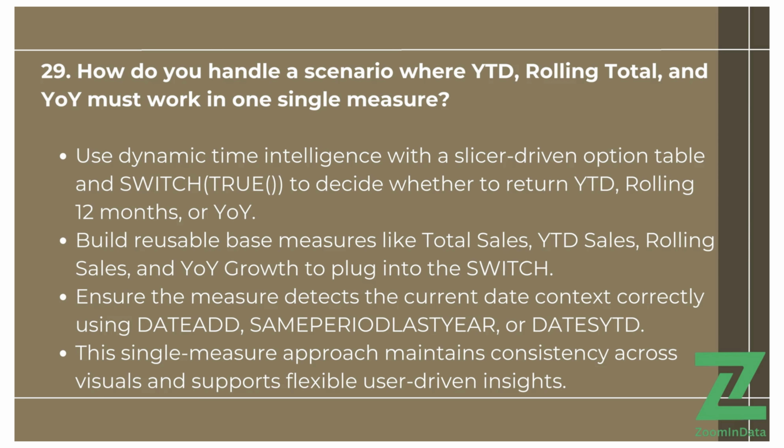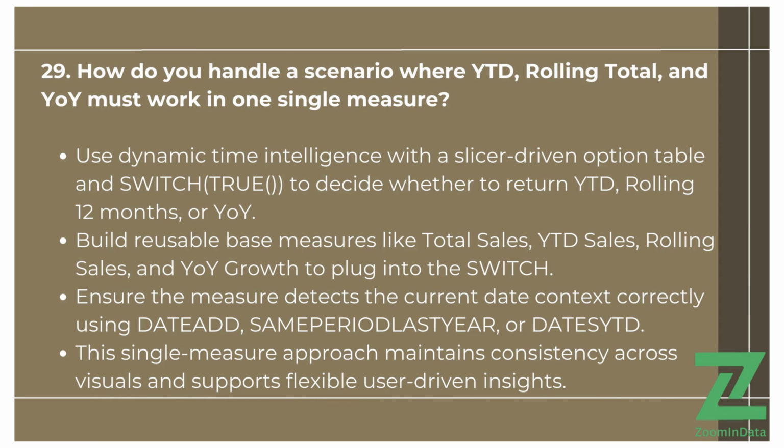29th question. How do you handle a scenario where YTD, rolling total, and year-over-year must work in one single measure? Use dynamic time intelligence with a slicer-driven option table and SWITCH followed by TRUE to decide whether to return YTD, rolling 12 months, or year-over-year.